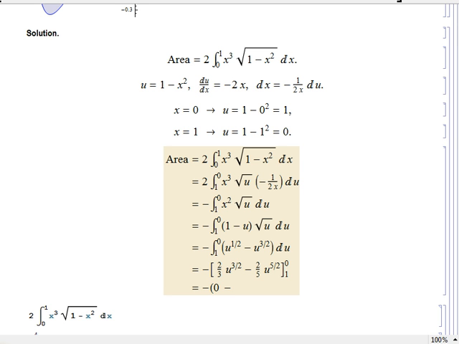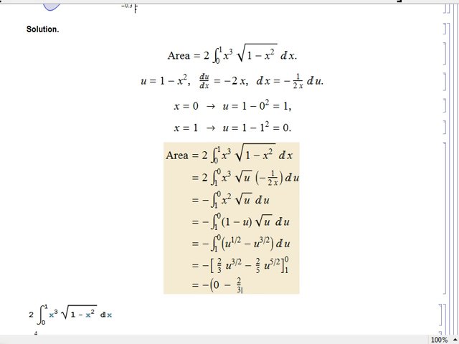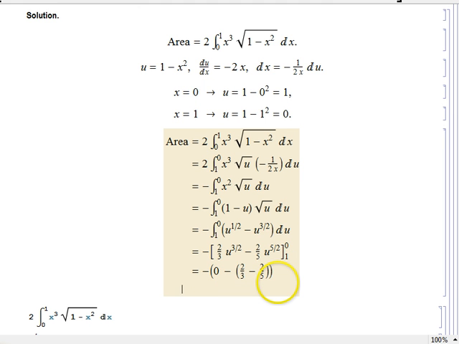If I plug in u equals 1, that's going to be 2/3, and then minus 2/5, and then this negative was there before. I hope everything is correct here.